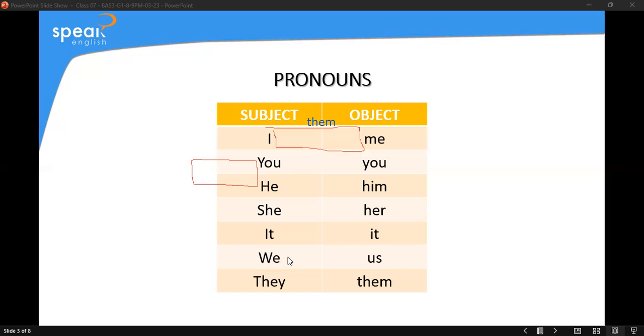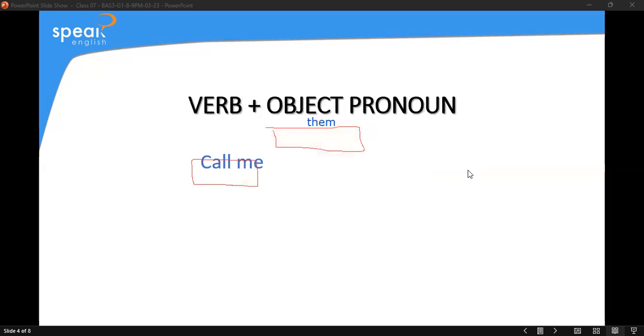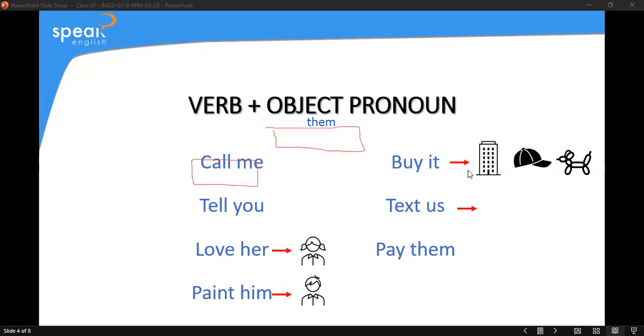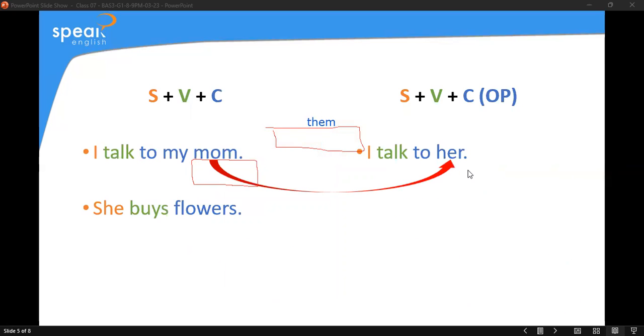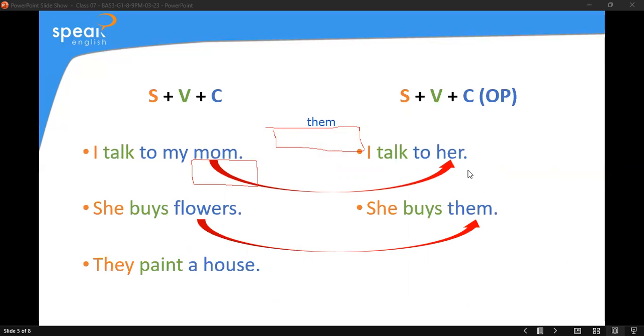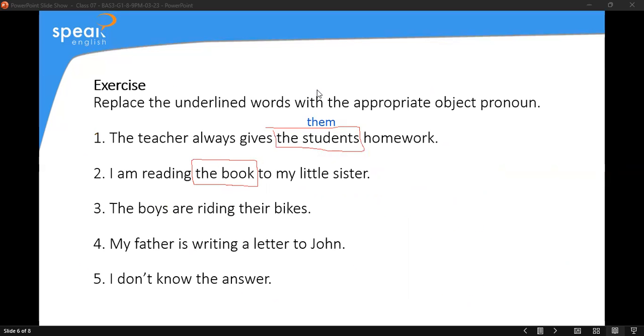We are talking about the book, only the book. I'm not talking about the subjects. I'm talking about the object. The object in this case is the book. So we need to focus on this. In this case, then, it is it. So I am reading it to my little sister. The book, just that.